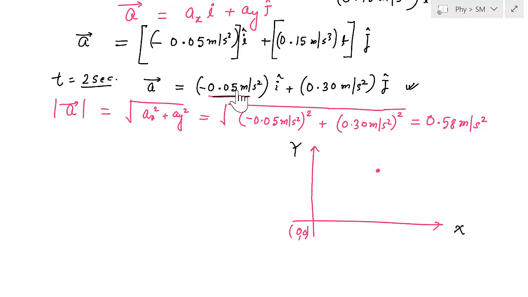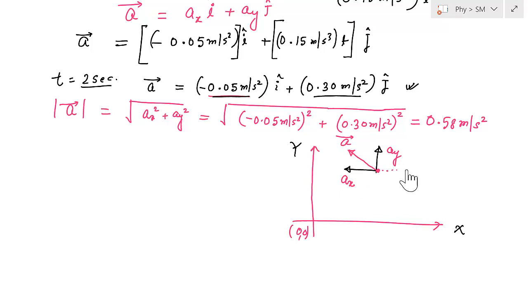The x component of acceleration is negative, so it is in this direction, and the magnitude is 0.05 meter per second square. The y component of acceleration is positive, so it is in this direction, and the magnitude is 0.30 meter per second square. So the resultant acceleration will be somewhere like this.